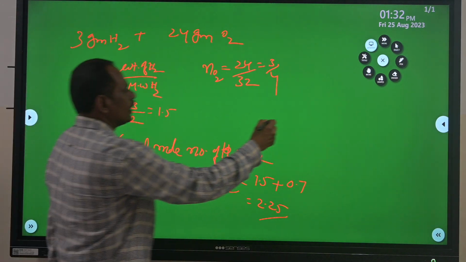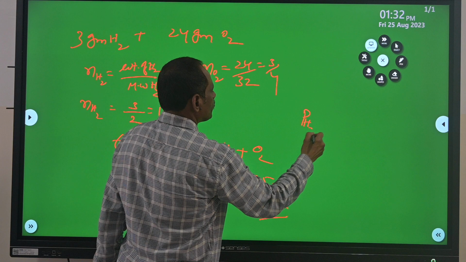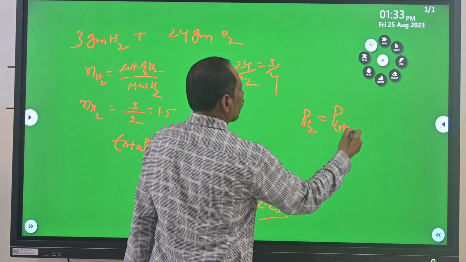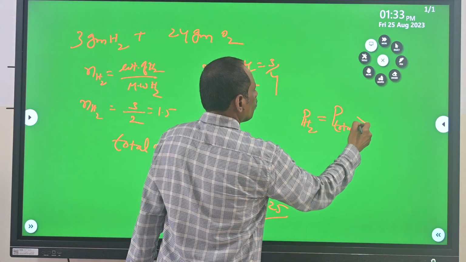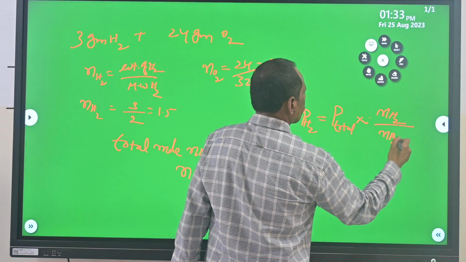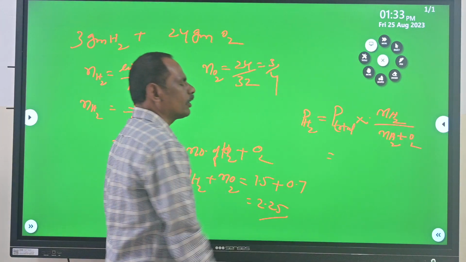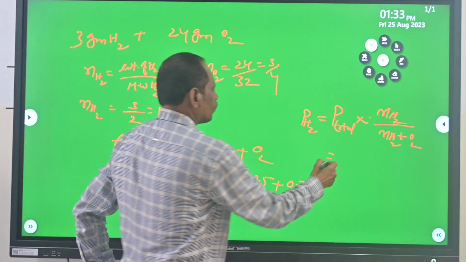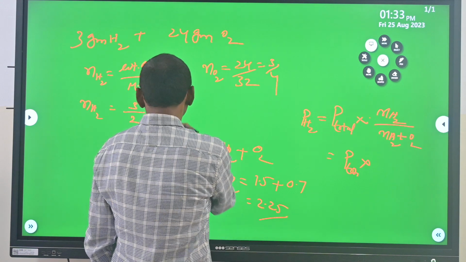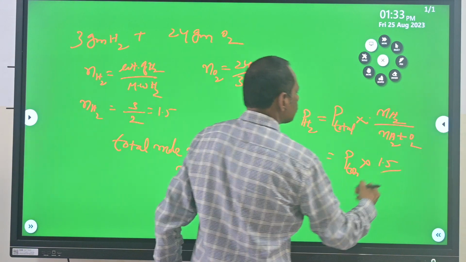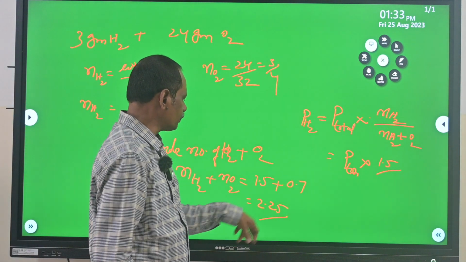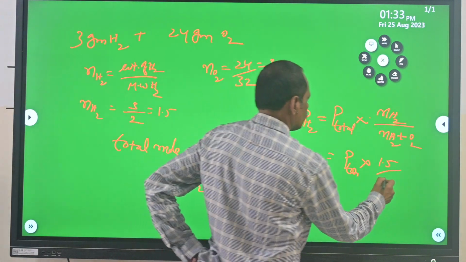Now the question is, the partial pressure of hydrogen is the total pressure into mole number of hydrogen by total mole number of hydrogen plus oxygen. Here the total pressure is not given, so let us take the total pressure into mole number of hydrogen 1.5 by total mole number 1.5 plus 0.75, that is 2.25.